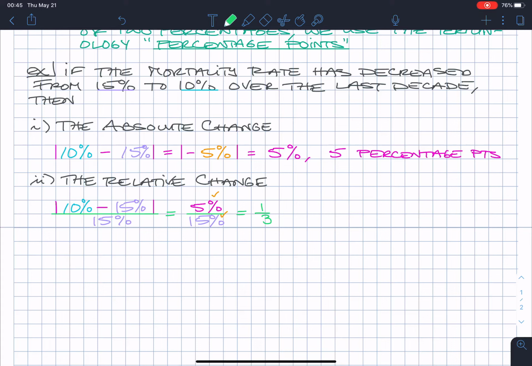We reduced the mortality by 1/3, i.e., mortality reduced by a third. Well, that's a lot. 5 percentage points doesn't really convey the fact that the mortality rate has dropped by a third.